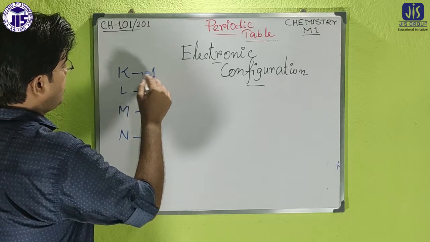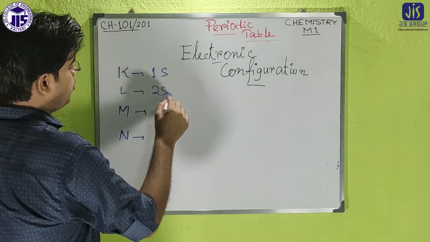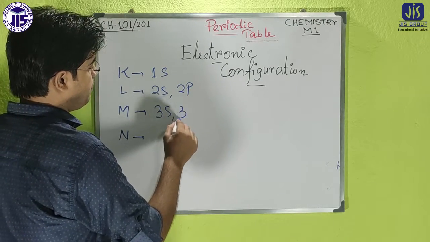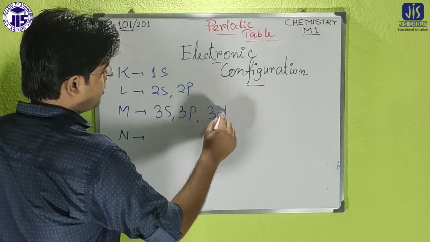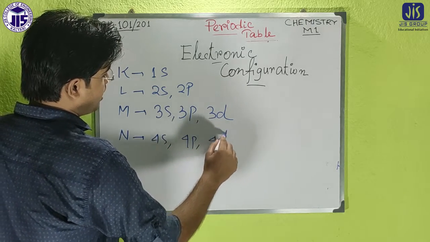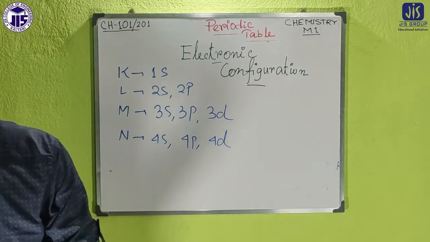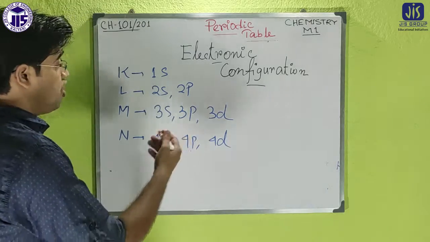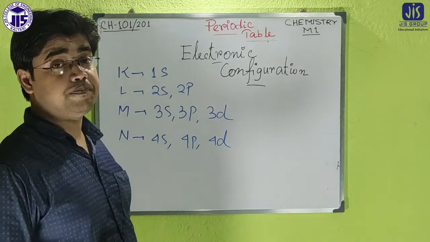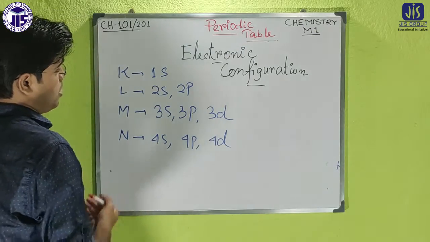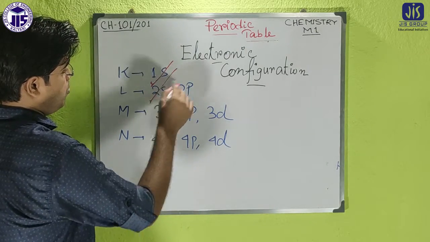Like for K it is 1s, for L 2s, 2p, for M 3s, 3p, 3d, and for N 4s, 4p, 4d. And I already discussed in the previous class what the energy order is, that is how electrons fill each and every subshell, according to the above principle.